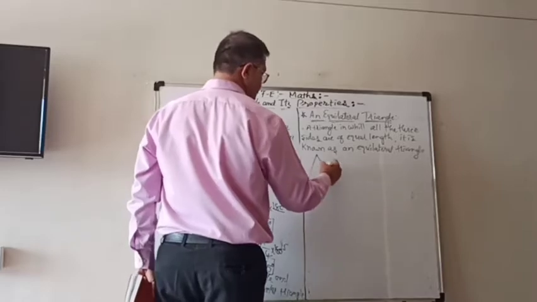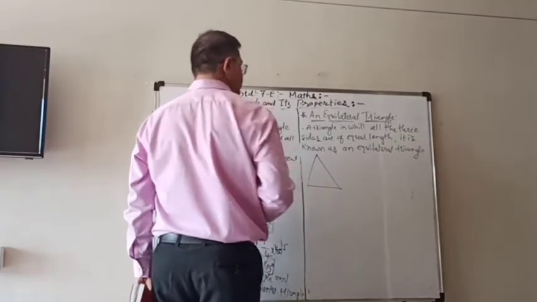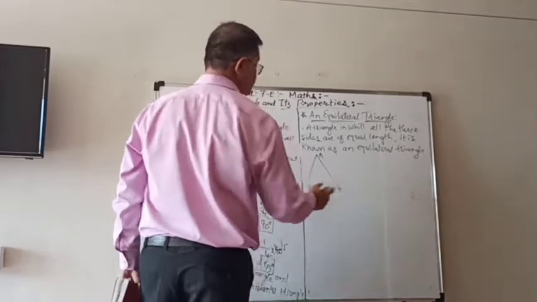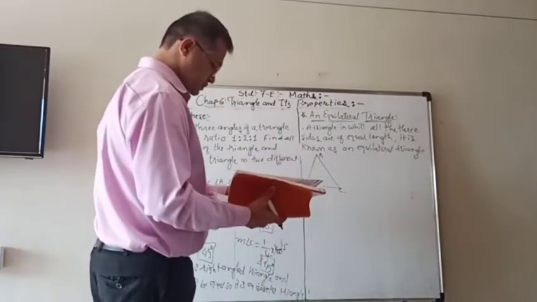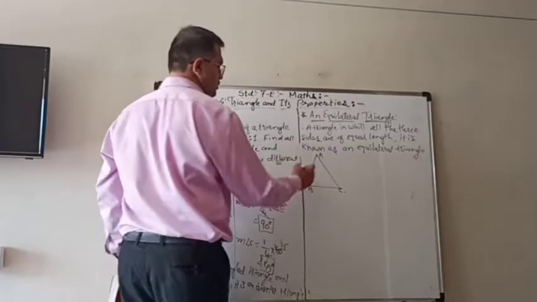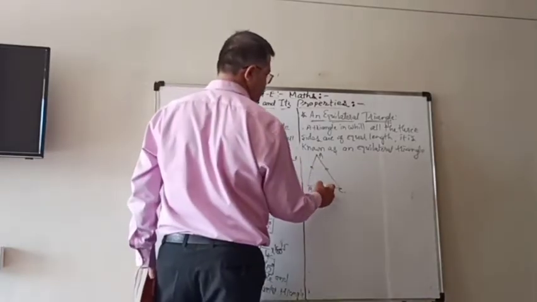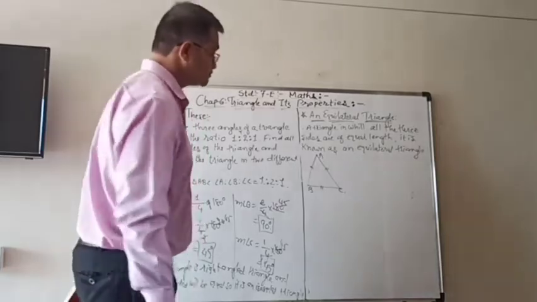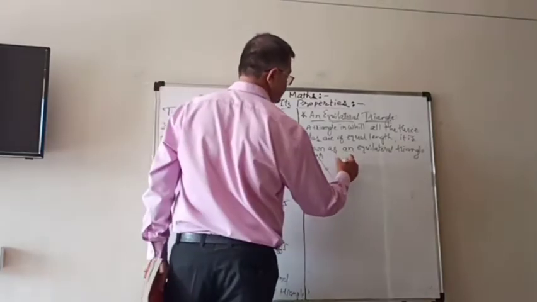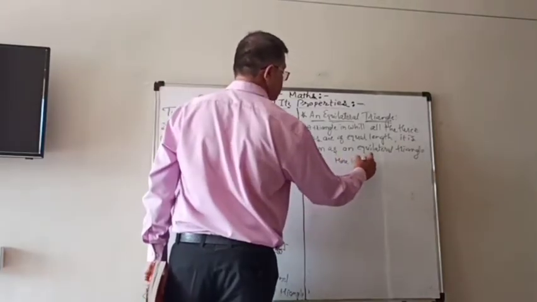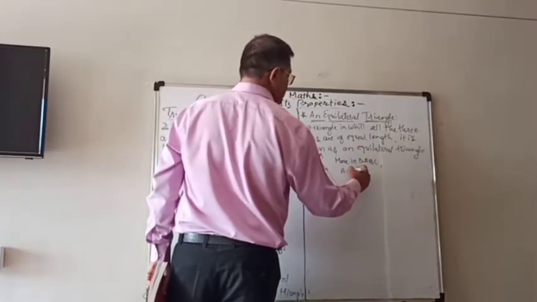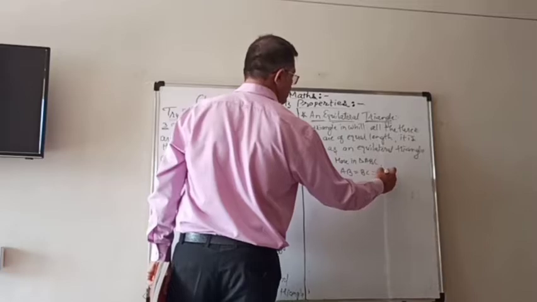So suppose we take a triangle like that, triangle ABC, in which the sides AB, BC and AC are of equal length. So here in triangle ABC, AB is equal to BC is equal to CA.